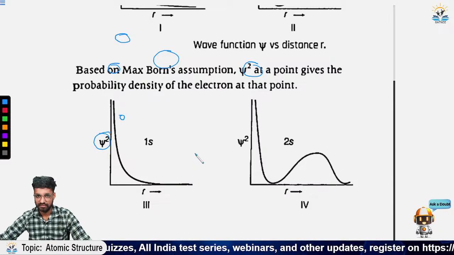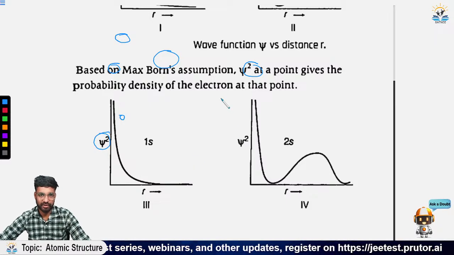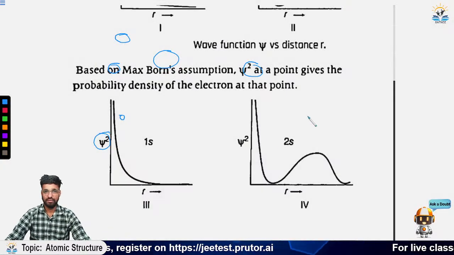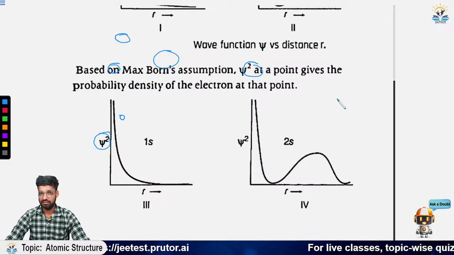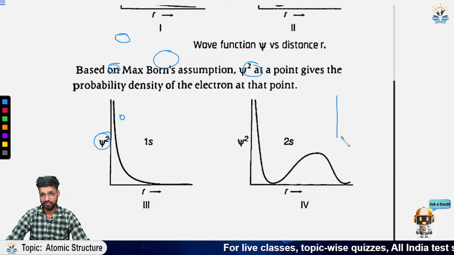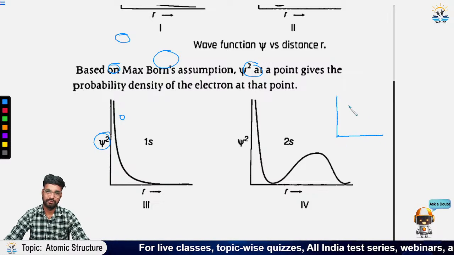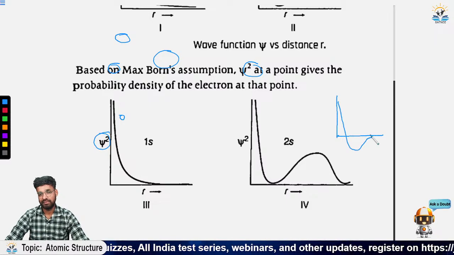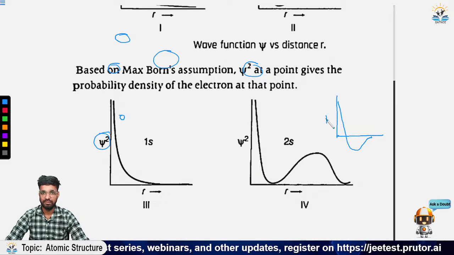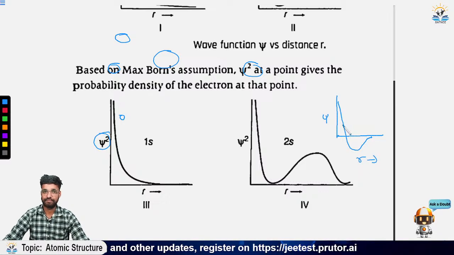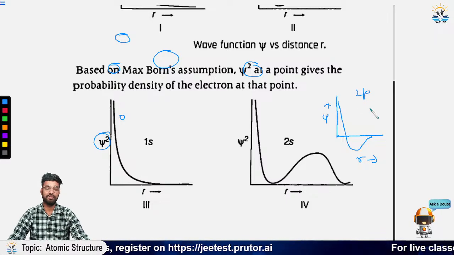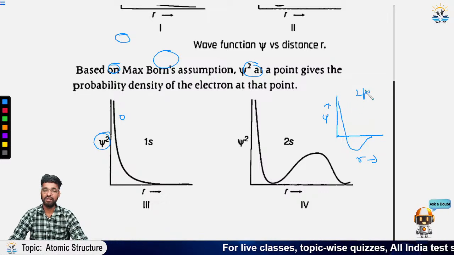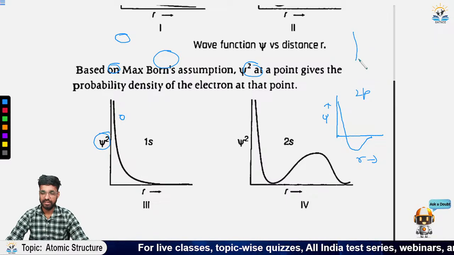So if you draw the diagram of p orbital, this is the 2p orbital, psi versus r for 2p orbital. I am making it clear why this psi square is more significant as compared to this psi. And if you draw the psi, then it will be like this.